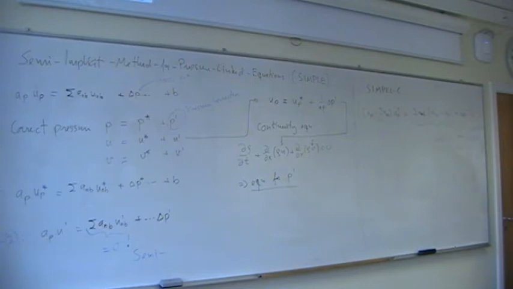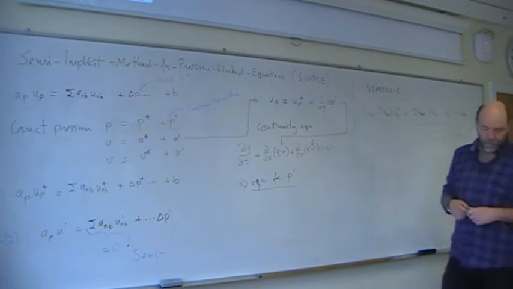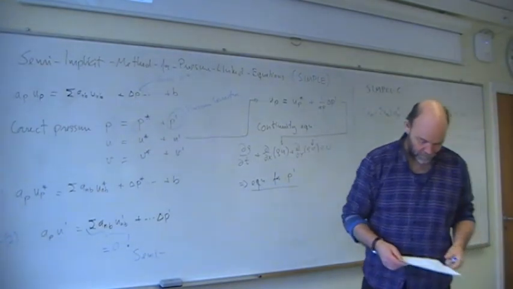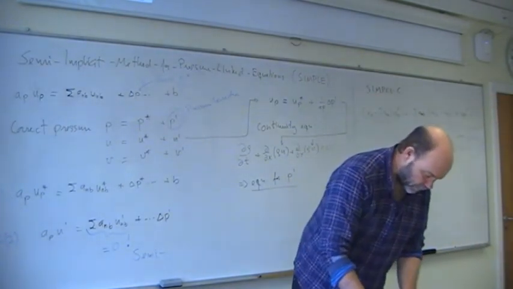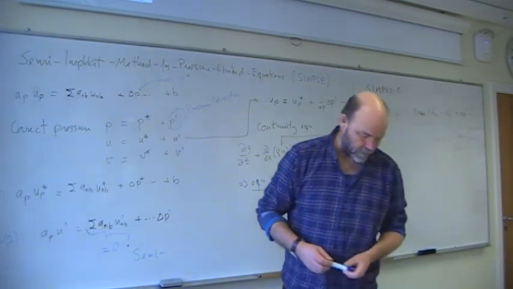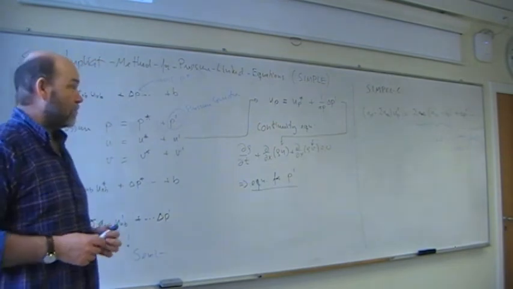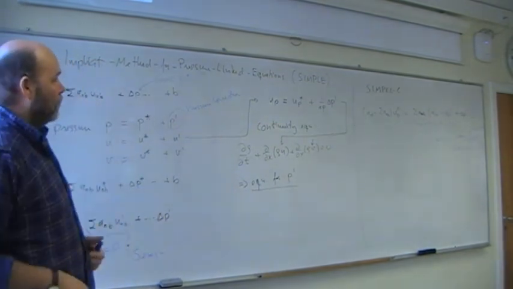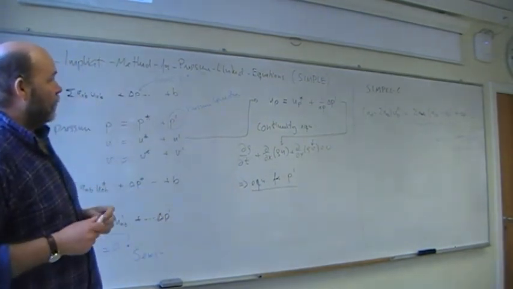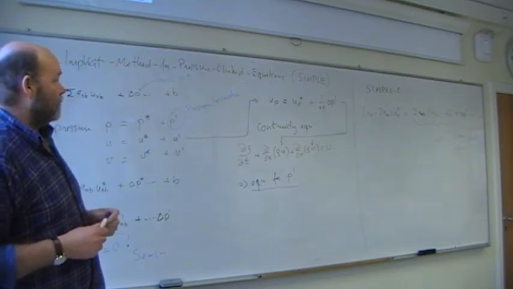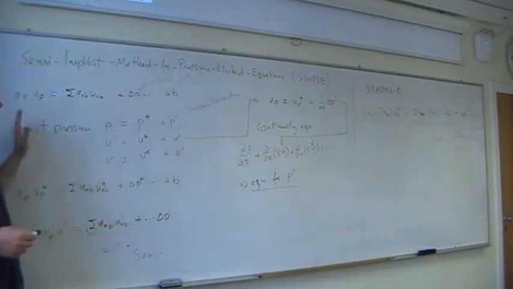So very little trick, but it helps the convergence rate a lot. So that's just one trick. You have several of these: SIMPLER, SIMPLEST, SIMPLEX. I don't know all the versions. So you have many variants. But the philosophy is just this.